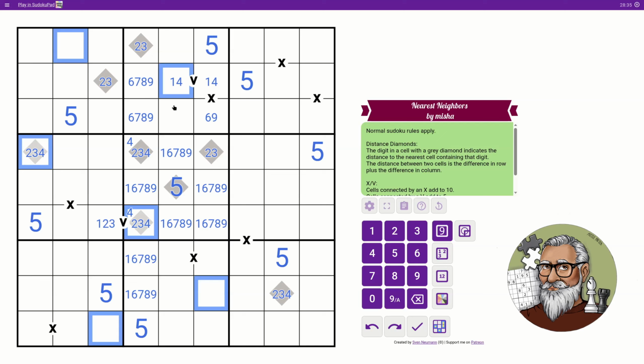No, it can't be 2. It can't be 2, because then this would be a 3. And this can't be a... well, this can be 3 then, right? No.